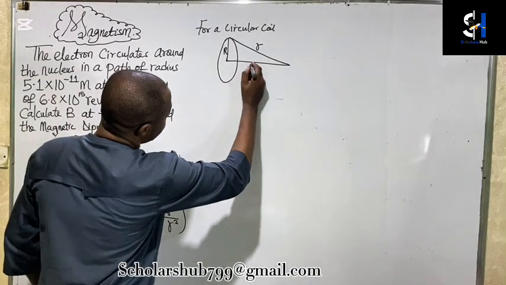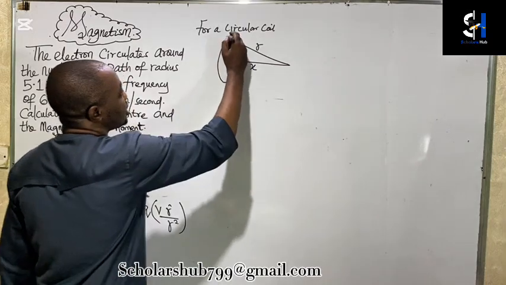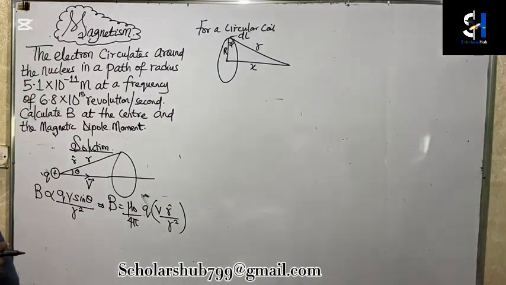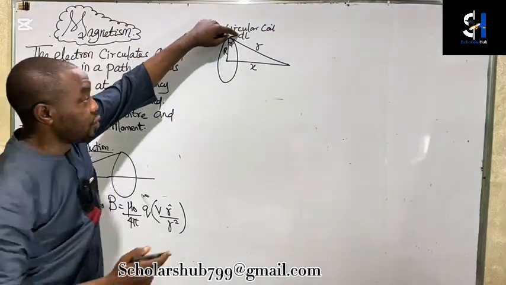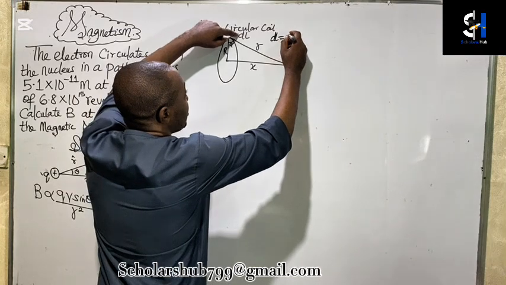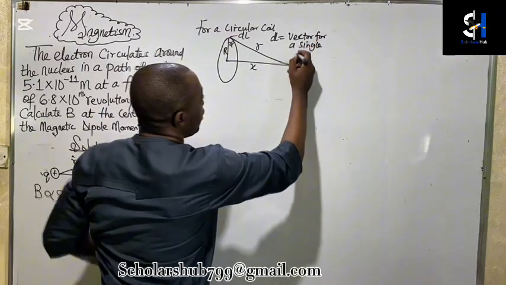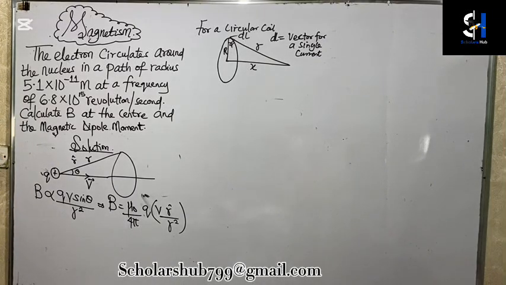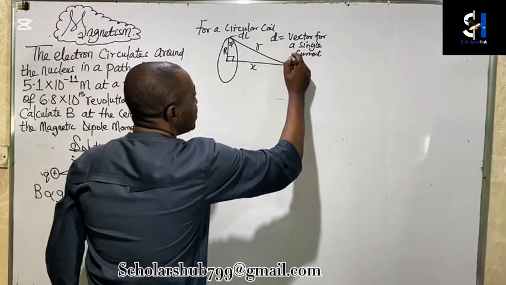Then we have the angle which the vector for a single current makes with the reader. This represents the vector for a single current, which is perpendicular to the reader.